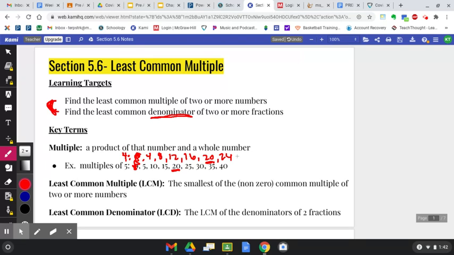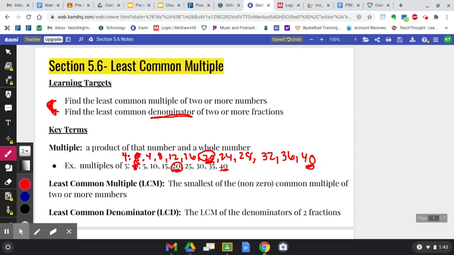Because, for example, I could keep going. I could say 28, and then I could say 32, 36, 40. And I see that 40 is also a common multiple, but it is not the least common multiple, right? The first time that they run into each other is here, both of them being 20. All right, so that's what it means to be the least common multiple.